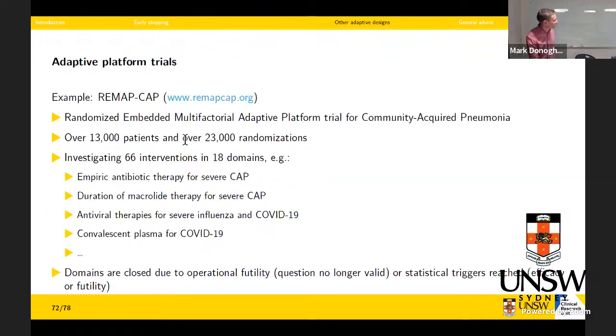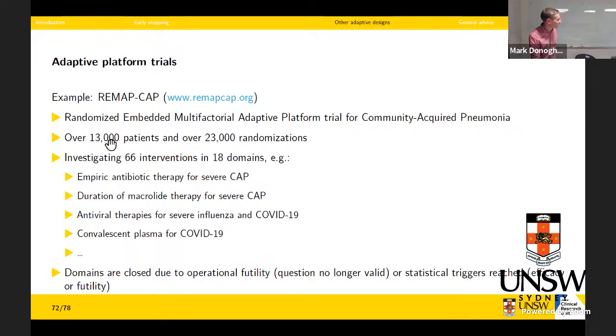One of the most famous adaptive platform trials is actually run out of Australia, REMAP-CAP. That's a platform trial for community-acquired pneumonia. And they did pretty well because they had designed it, I think in 2017 or 18, to be able to handle a global pandemic of respiratory disease.